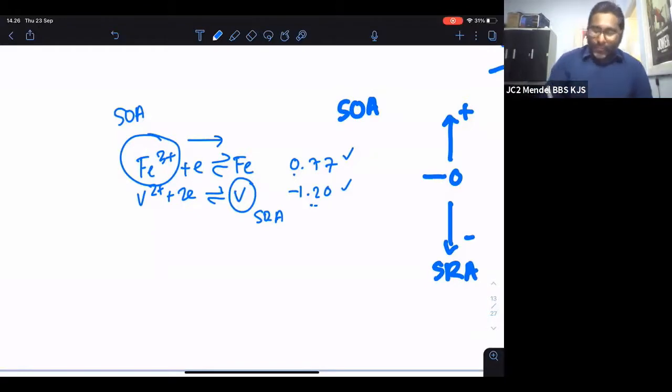If you arrange, this is positive, this is negative, no need to rearrange. This is your SOA, this is your SRA. Fe3+ is a strong oxidizing agent, it can oxidize vanadium. This is how you use it.